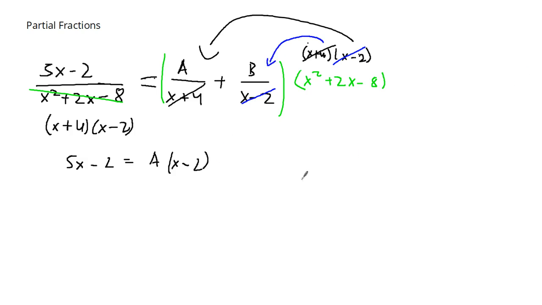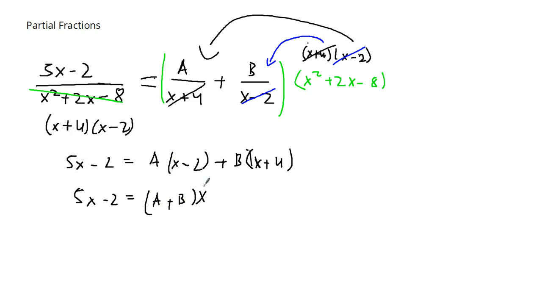And then we have b times x plus 4. And then we can expand everything. Eventually we'll get a plus bx, and then minus 2a plus 4b.